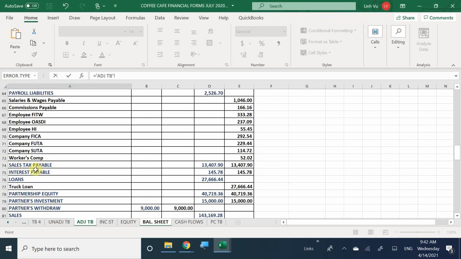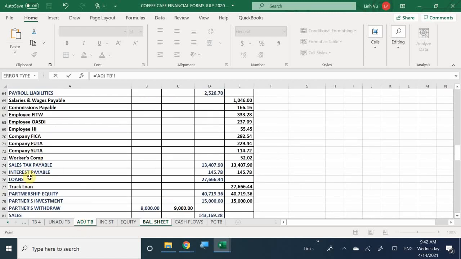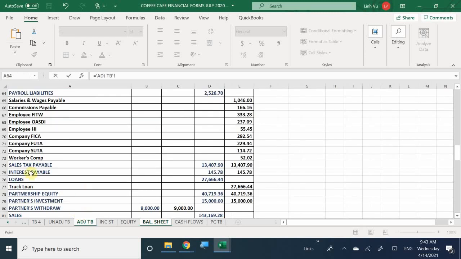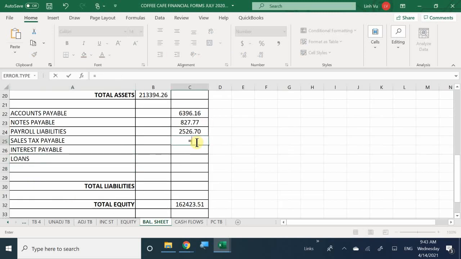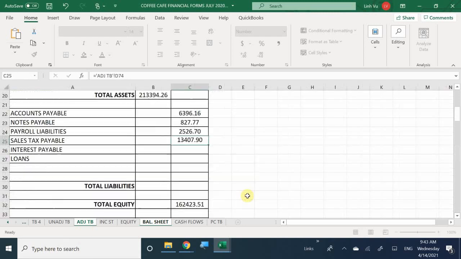Okay. So I should have three more left. I should have sales tax. I should also have interest payable, and I should have my loans. Okay. So once again, my sales tax is going to be 13,000.